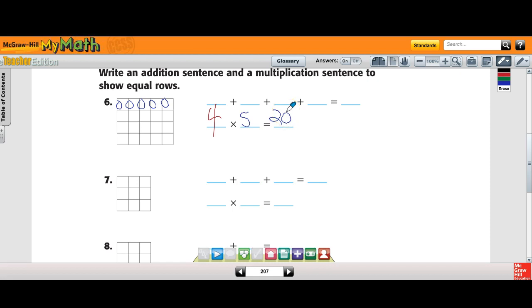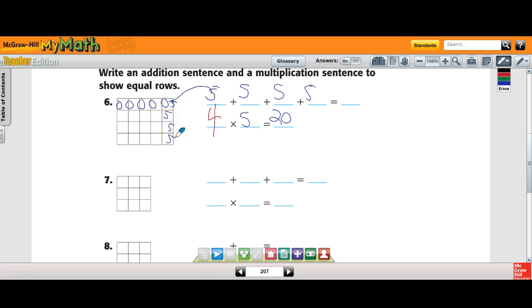Okay, but what would be my addition sentence? So this tells me how many 5s I'm going to need. And look, this 5 goes here, and then this 5 goes here. So I have 5 here, 5 here, 5 here, and 5 here.